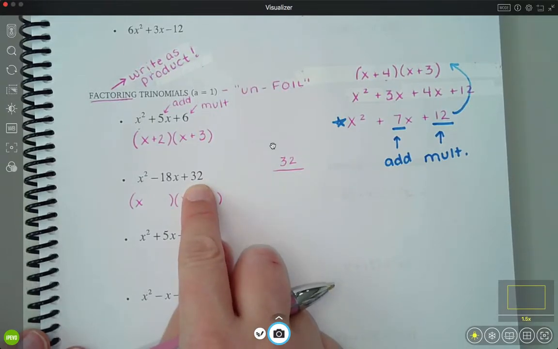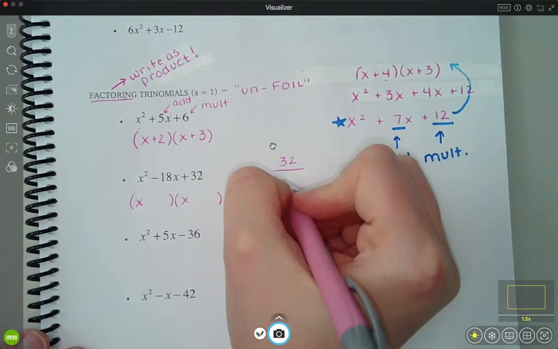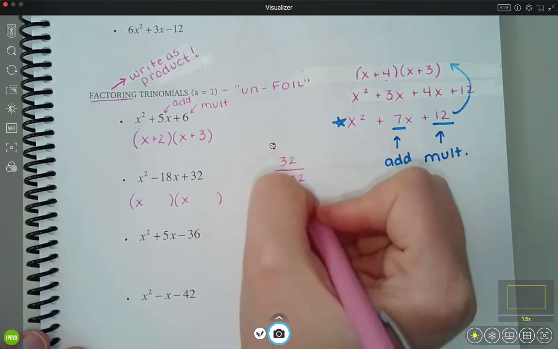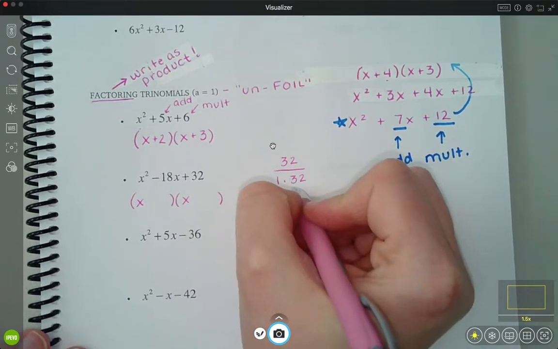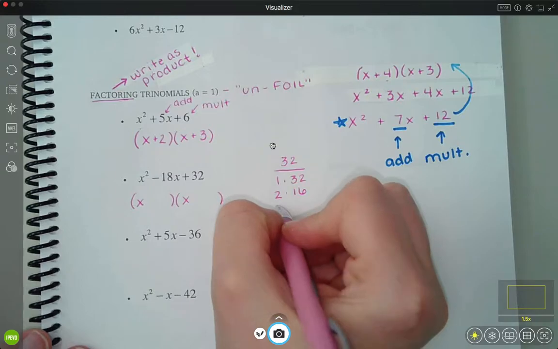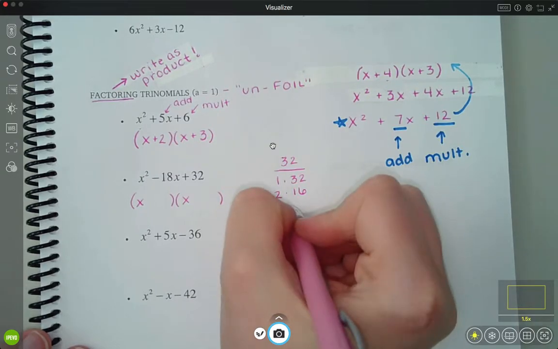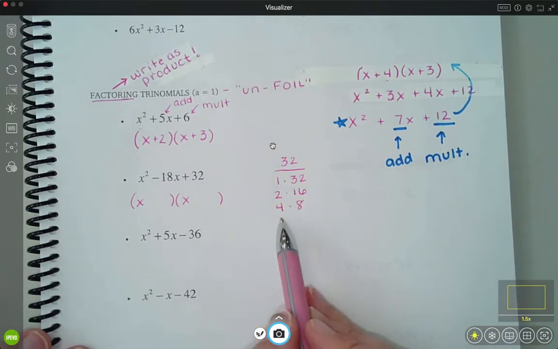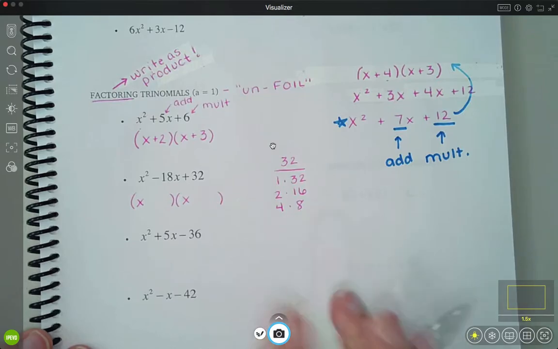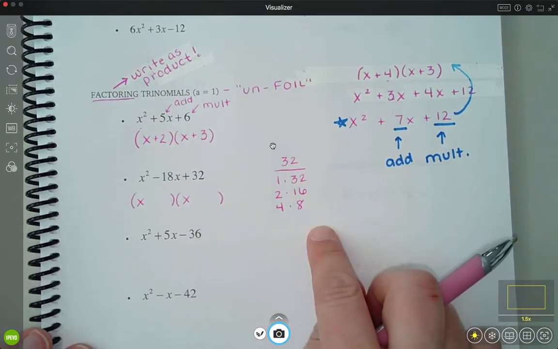So ways to multiply to make 32. Start with 1. There's 1 and 32, and then go to 2 and 16. 3 doesn't work, but 4 works. 4 and 8. 5 doesn't work. 6 doesn't work. 7 doesn't work. And then 8 is already on my list. So this is all the ways to multiply to make 32.